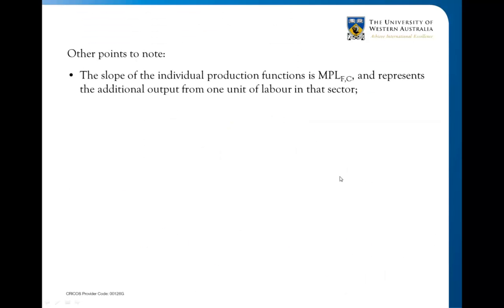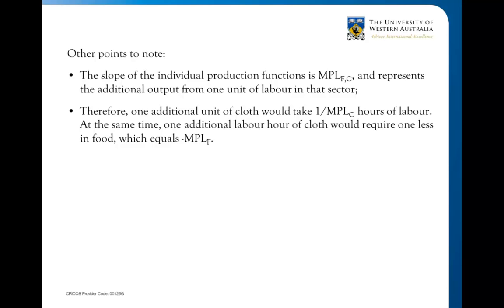Other things to note here. Again, the slope of the individual production functions, that was the quadrants in the top left and the bottom right, is the marginal product of labour, depending on which quadrant, food or cloth. And remember, it represents the additional output from one unit of labour, one hour of labour in that sector. So in other words, one additional unit of cloth would take 1 over the marginal product hours of labour.